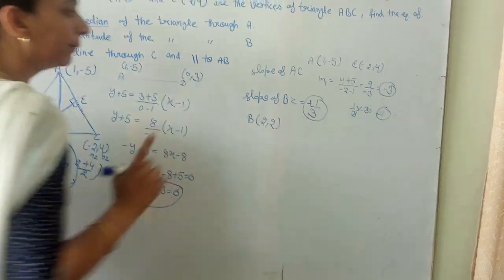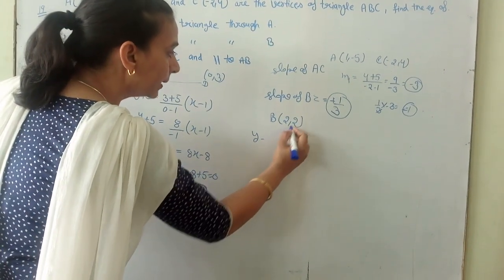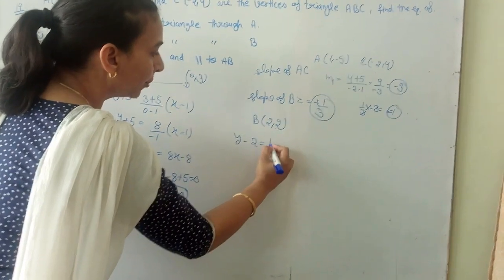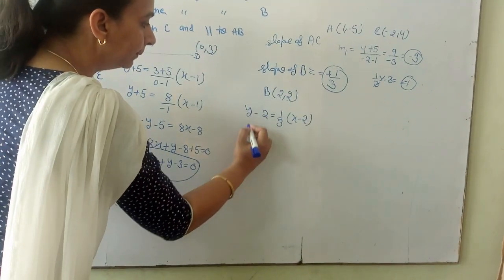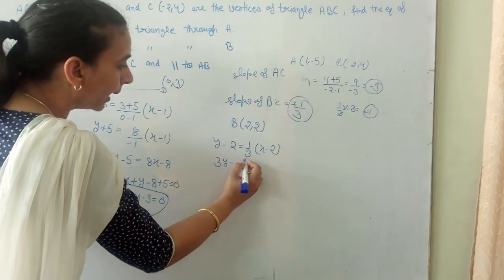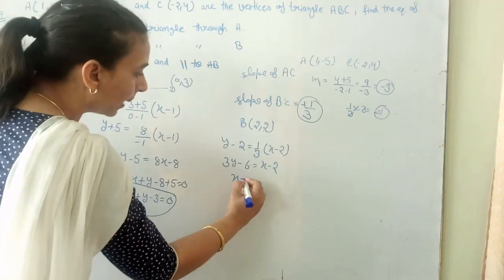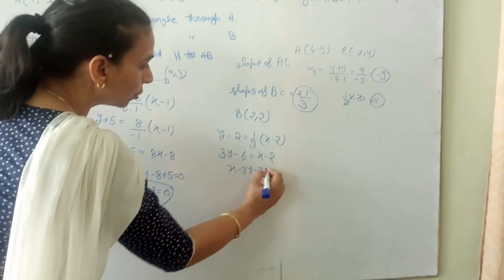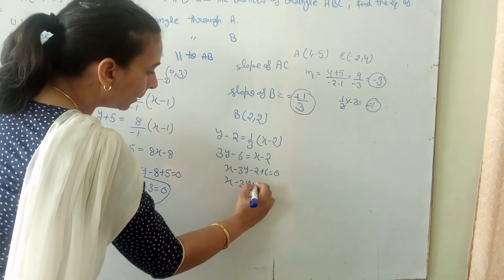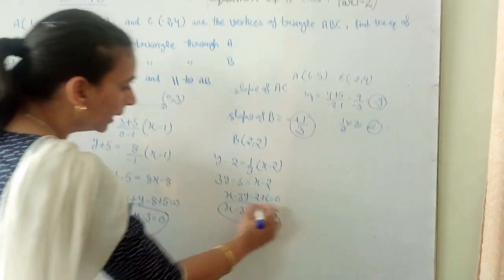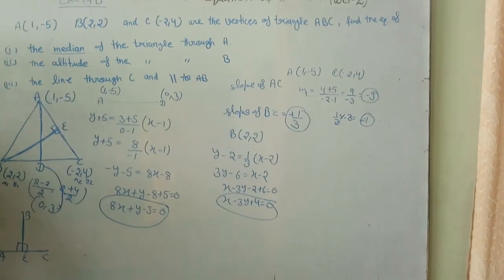Then by the second form, point-slope form, y minus y1 equals slope times x minus x1. So 3y minus 6 equals x minus 2, x minus 3y minus 2 plus 6 equals 0, x minus 3y plus 4 equals 0. This is the equation of BE, the altitude.